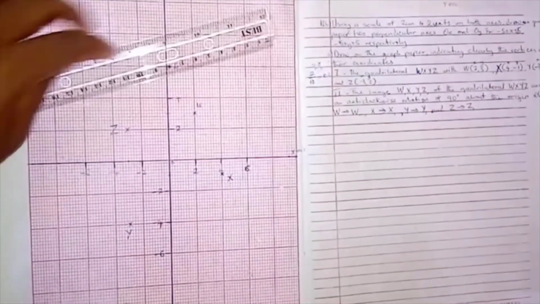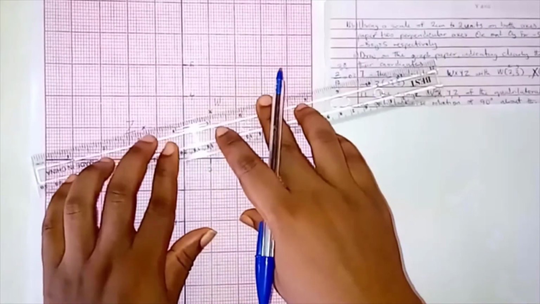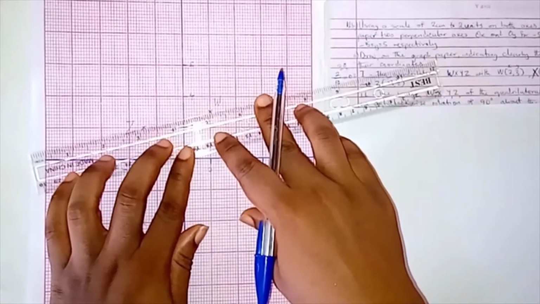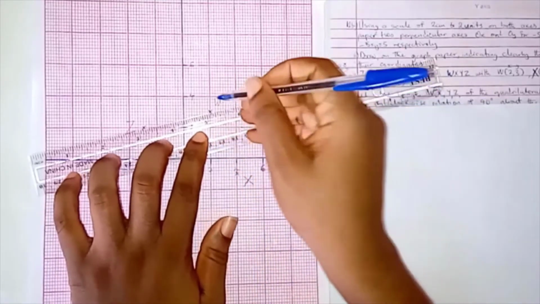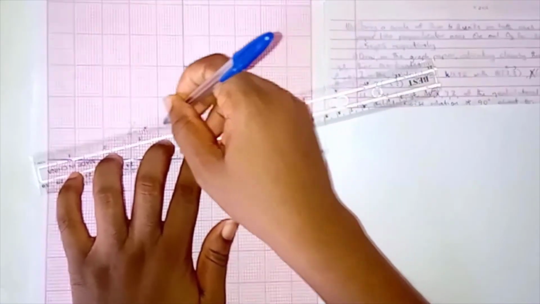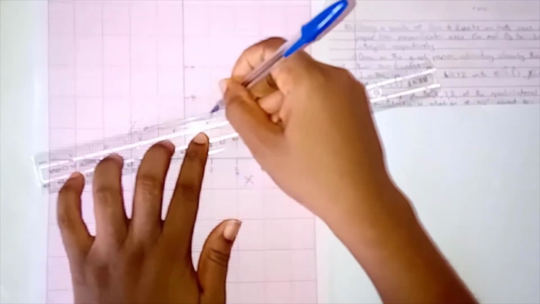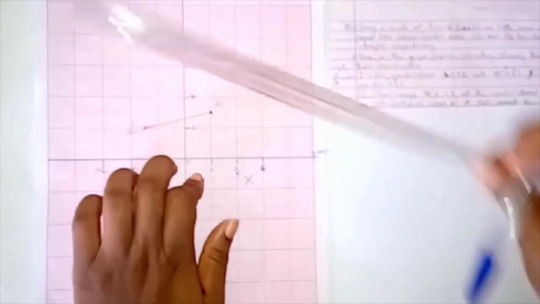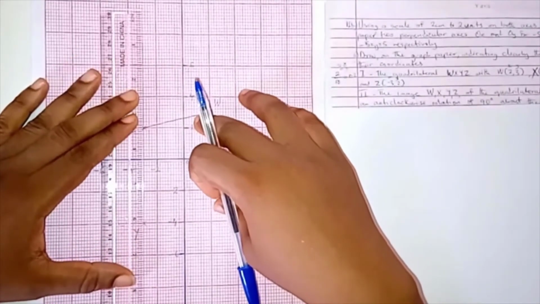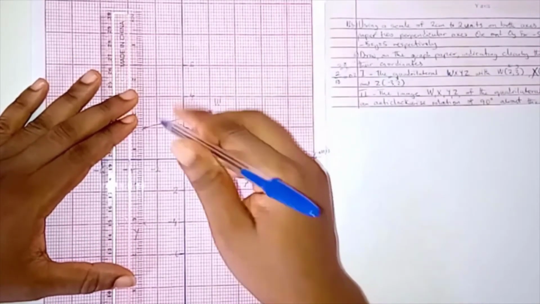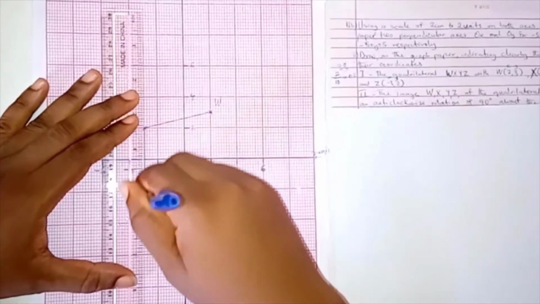So let's draw the quadrilateral now. So let's draw our point. Let's draw the quadrilateral. So we have this from here. A quadrilateral has 4 sides.